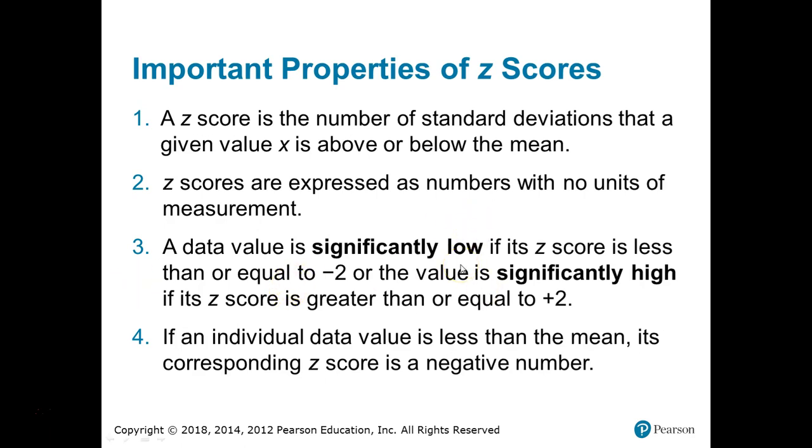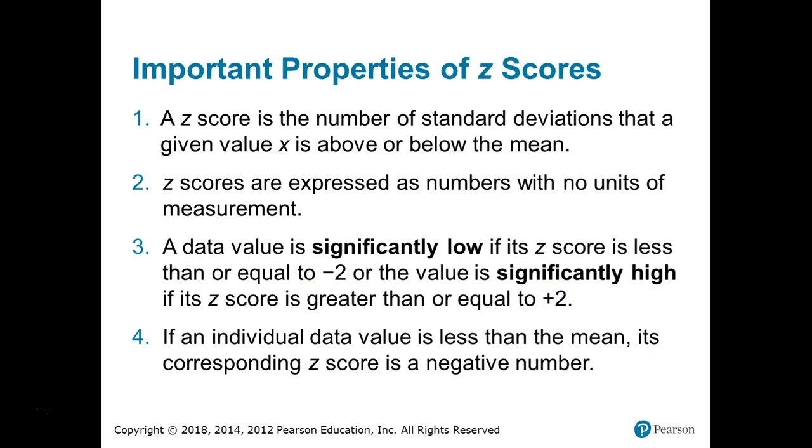That's similar to what we did in previous sections, where we said if it was between -2 and +2 standard deviations, that was considered not significant, or normal or expected, since 95% of data values will fall between these two ranges. So significant is going to be lower than this or higher than that.